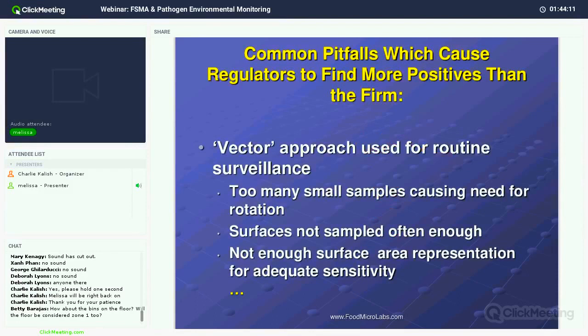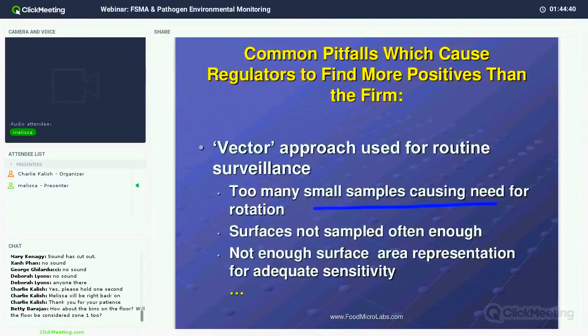If we look at common pitfalls and disasters, and what goes wrong with programs and causes regulators to find positives when we don't find them ourselves, what happens is we take too many small areas and rotate them, and the agency comes in and takes 150 small samples. By probability's sake, they're more likely to find a positive.